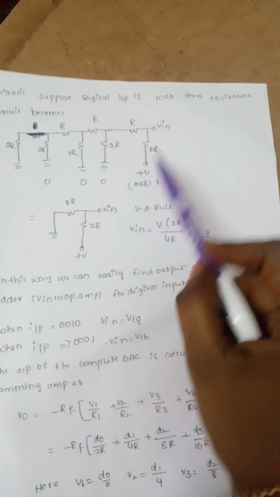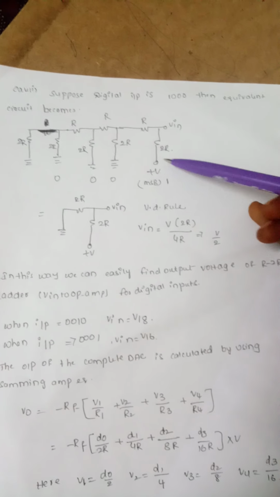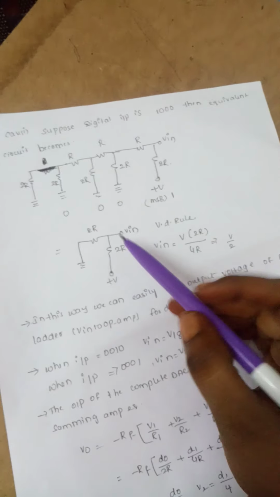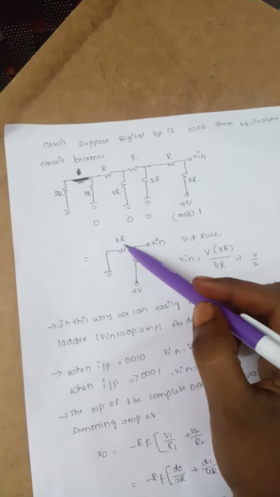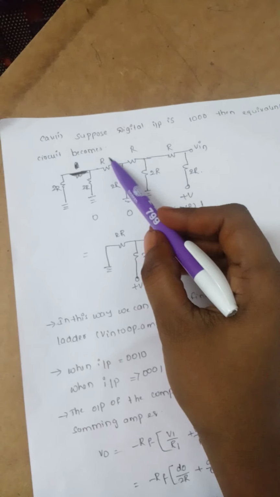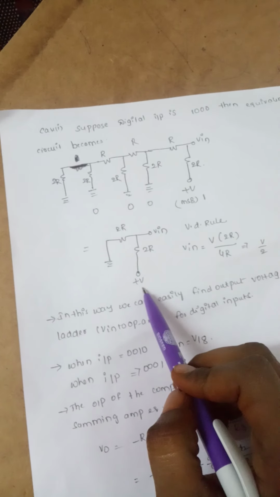Finally the last bit, the MSB, equals 1, that would be connected to the reference voltage. For the equivalent circuit, these two resistors are in parallel, so the equivalent resistance is R. R plus R in series is 2R. Like that, the final circuit would be like this.